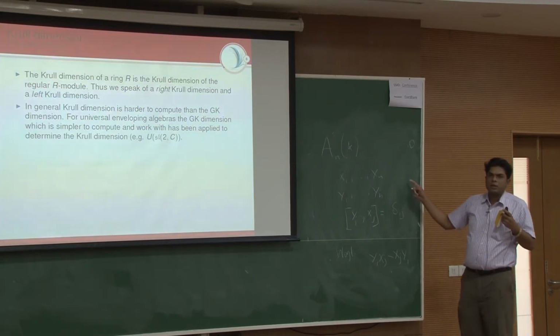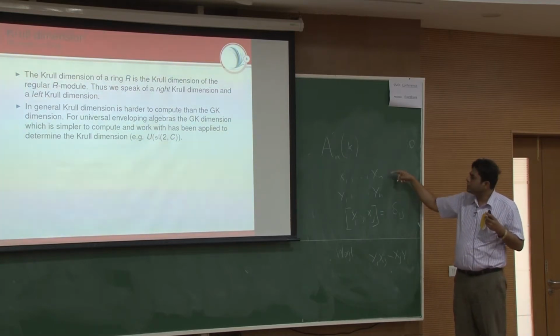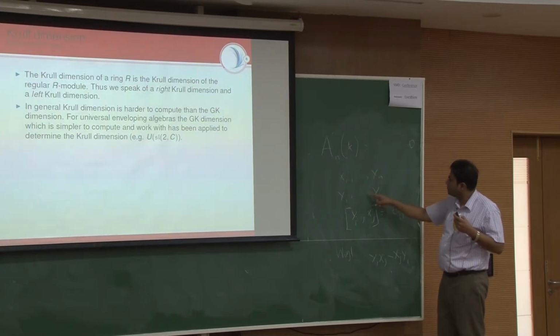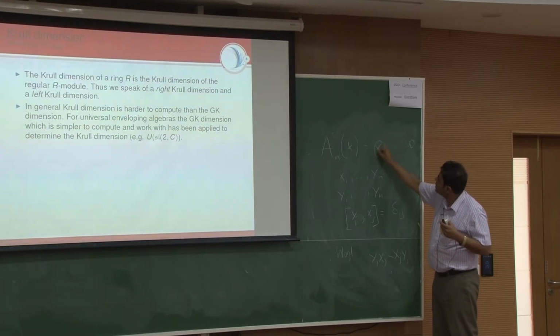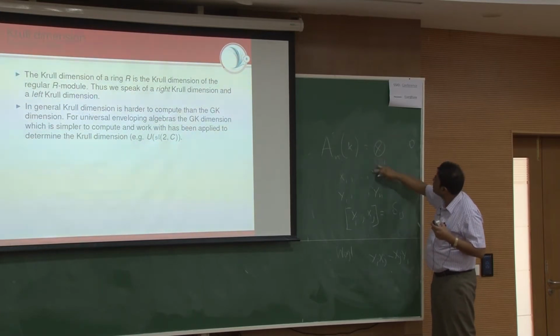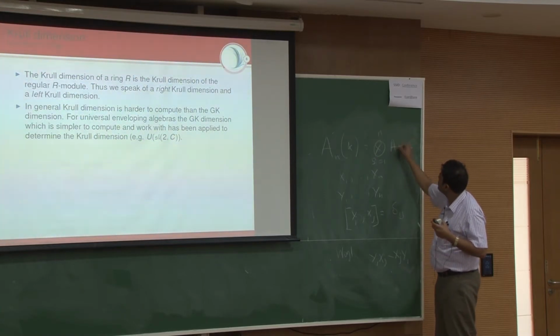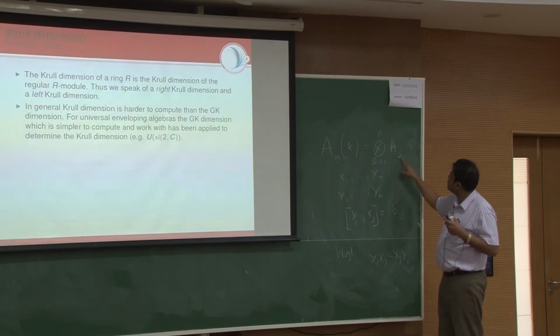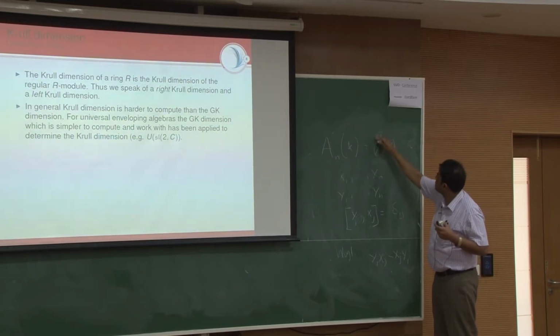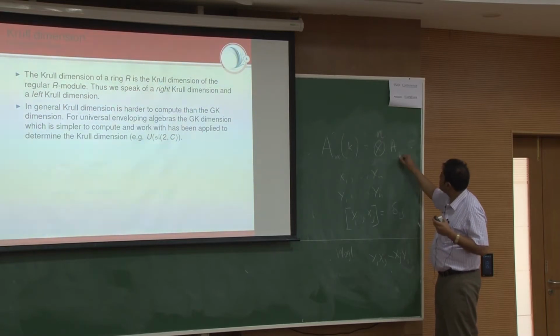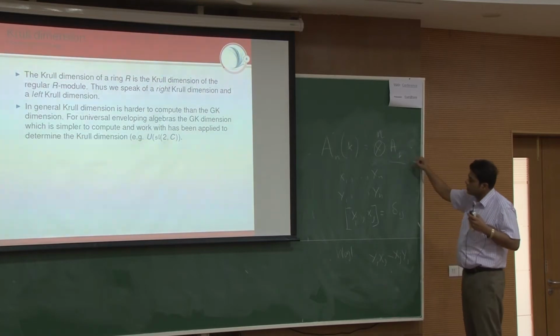So this algebra is A_n(K) because I've used n variables here, and it is the tensor product of algebras, or I can say the n-fold tensor product of the first Weyl algebra A1.